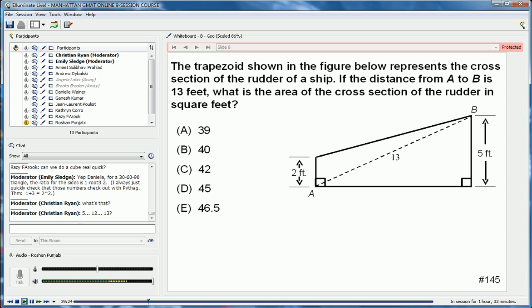From there, I had a rectangle and a triangle, a 2 by 12 rectangle and a 5 by 12 triangle. So that's how I got where I was.